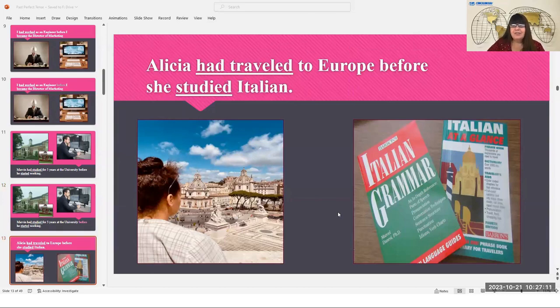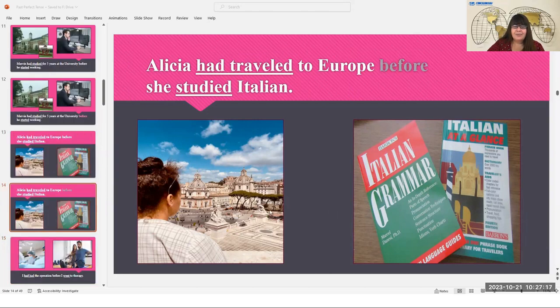Alicia had traveled to Europe before she studied Italian. So Alicia went on vacation to Italy and other areas of Europe maybe, but she loved Italy. And then when she came back, she decided she wanted to study Italian. So she had traveled to Europe before she studied Italian.